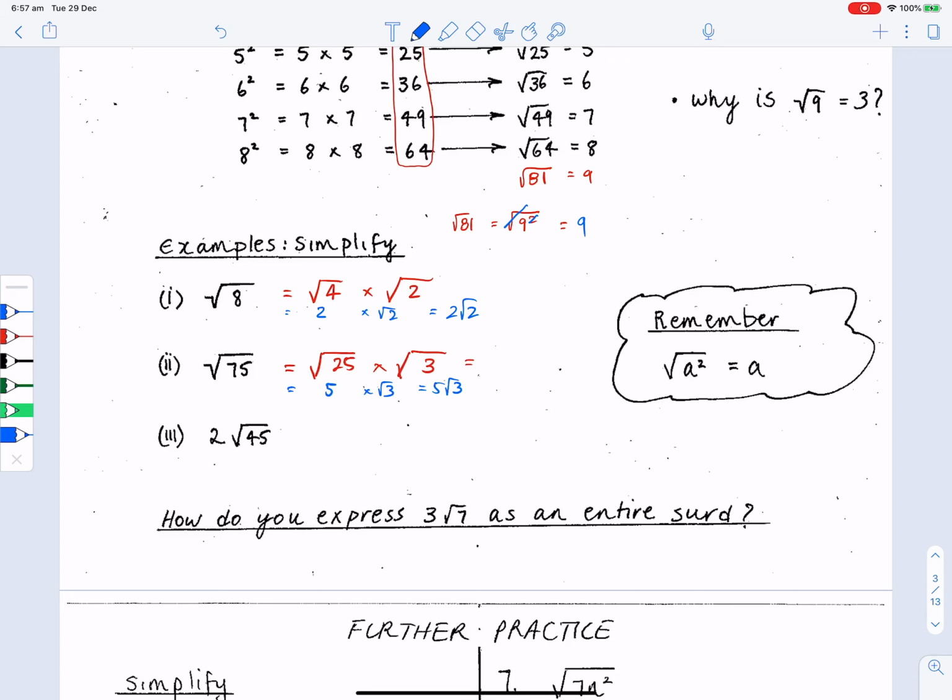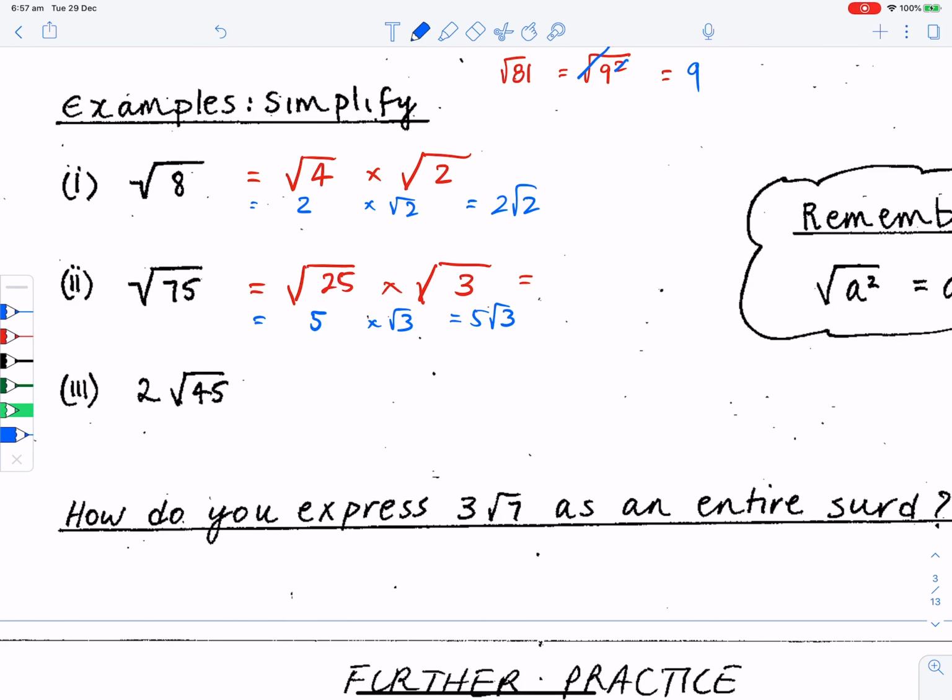The next one, don't be too concerned if there's a number in front, like the 2. We're going to rewrite the 45 as that. And we haven't touched the 2. But now the root 9 becomes 3.